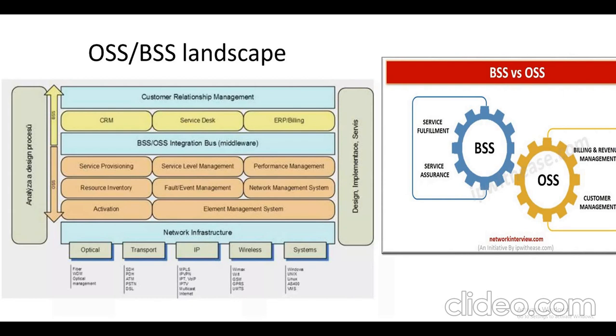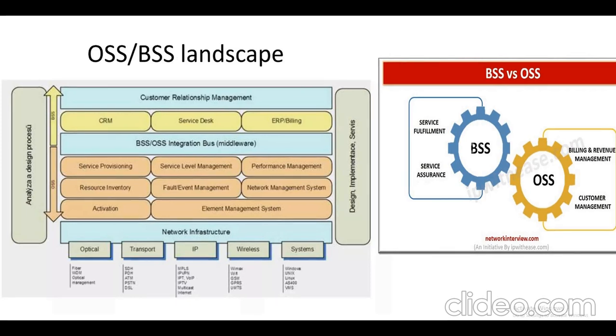These are the network level layers, along with IP, MPLS, and IPTV, where you provide the infrastructure. For wireless, we can see GSM, GPRS, and UMTS, and systems like Windows, Unix, Linux, AS400, and VMware. These are the infrastructure systems of the OSS landscape.